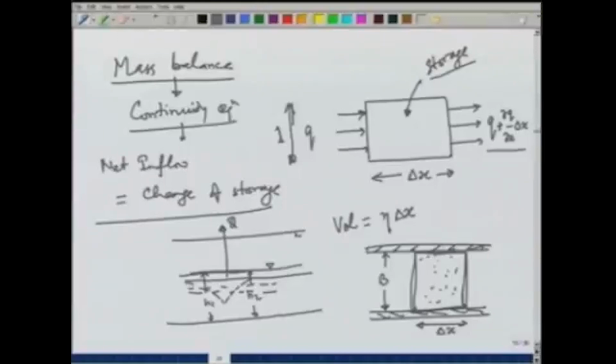Therefore, the mass can change with a change in the density, and here the compressibility of water as well as the soil will be important.